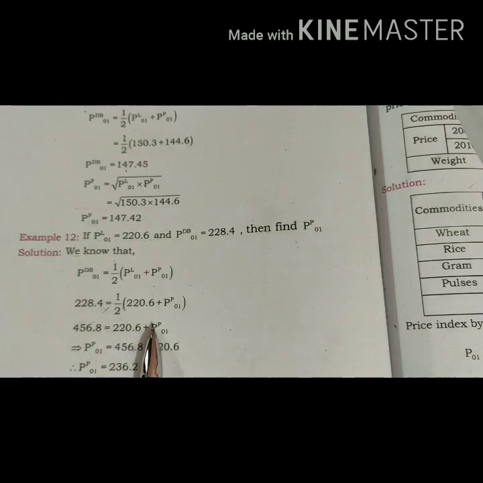Now keep the Paasche price index as it is in one place, shift 220.6 to the other side, and it will change its sign. So the Paasche price index is equal to 456.8 minus 220.6, which is equal to 236.2. Therefore, the Paasche price index is 236.2.